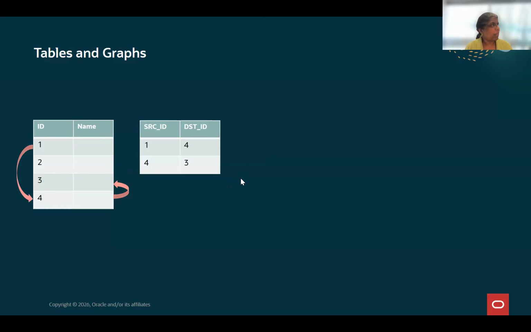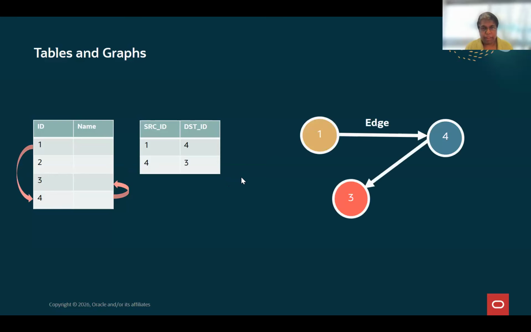When I take that same data and represent it as a graph, some things become more intuitively obvious: 4 is kind of central. Here, 1 is connected to 4, 4 is connected to 3. The same information is in these tables, but the way you look at tables and the way you query tables is not immediately obvious, whereas this representation of the data makes it immediately obvious.